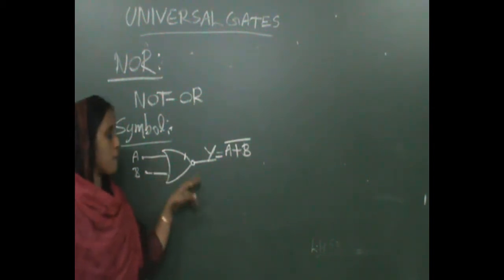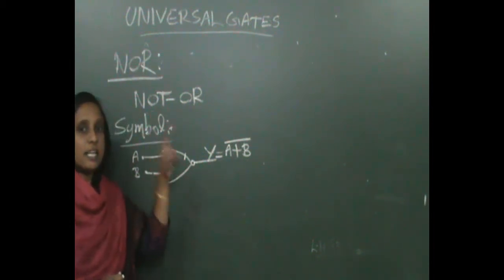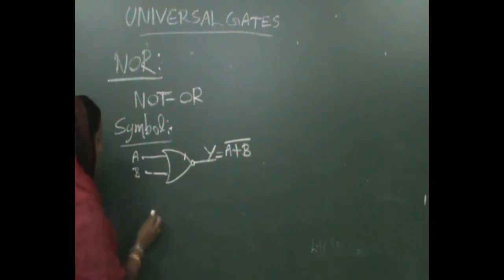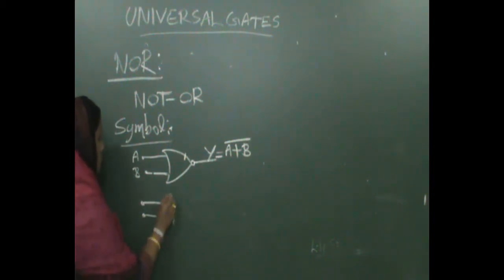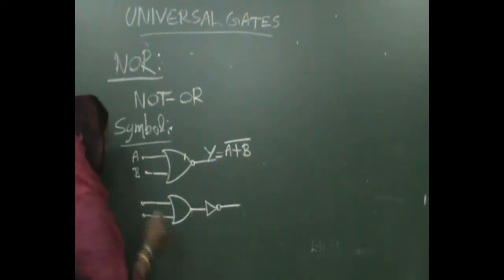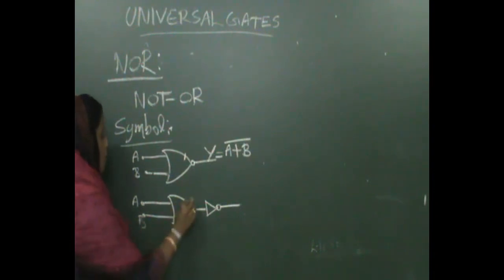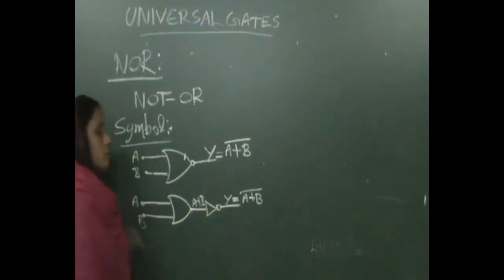If you want to implement this circuit using fundamental gates, you need OR and inverter, NOT, together. This is equivalent to the circuit: A, B, you have here A plus B, and here Y equal to (A OR B) complement.